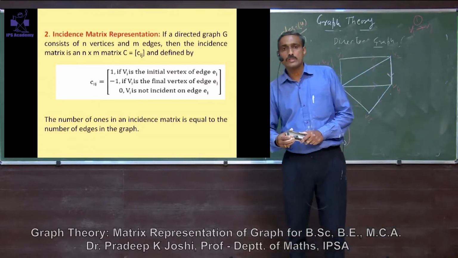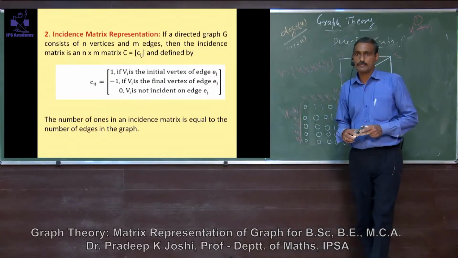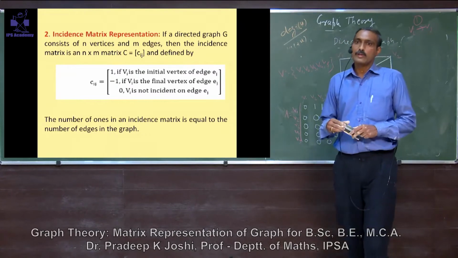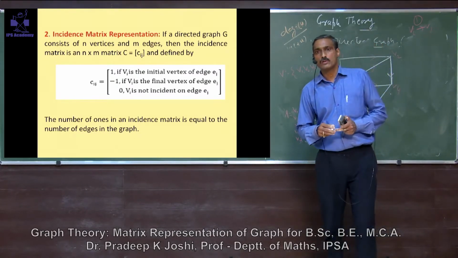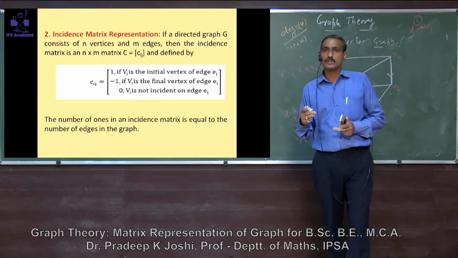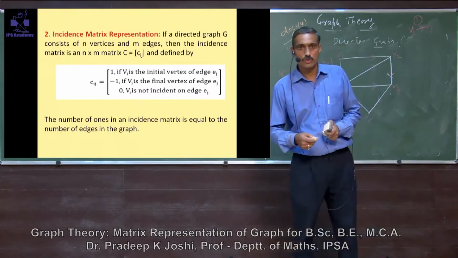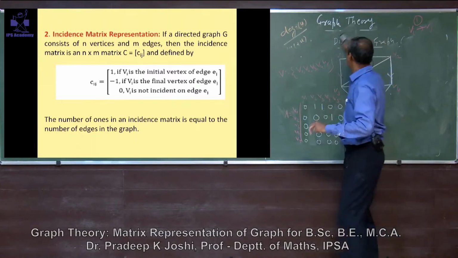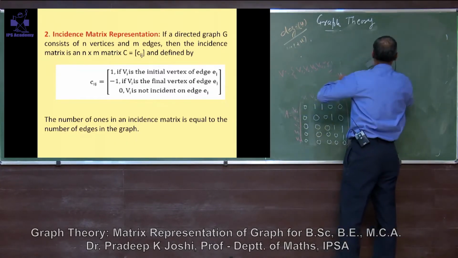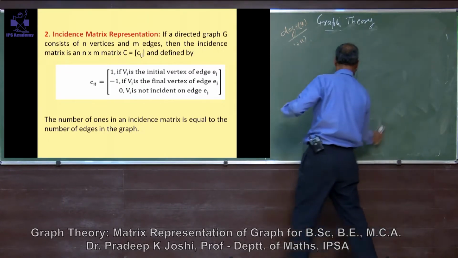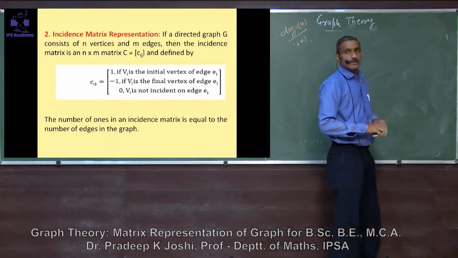Now what is the incidence matrix representation of a directed graph? Adjacency matrix is a vertex to vertex matrix, but incidence matrix is a vertex to edge matrix. So now we take one example. What is the format of the matrix?